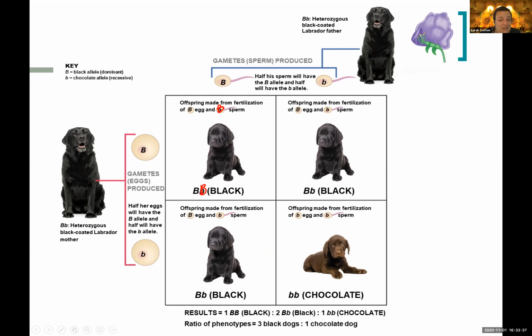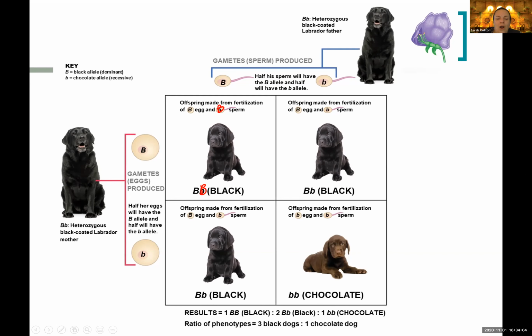This one also is heterozygous. Big B from dad, little b from mom, also heterozygous. And then this sad little face, little b from dad, little b from mom, two little b's, must have the recessive phenotype. So homozygous recessive. So his coat color is chocolate instead of black.